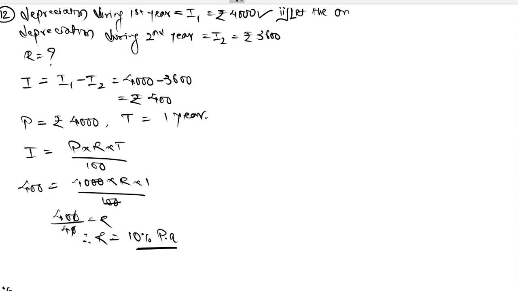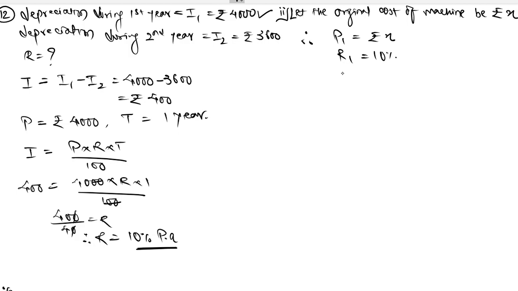Let the original cost of machine be rupees X. Therefore, P1 is equal to rupees X. This is for the 1st year. R1 is equal to 10%.